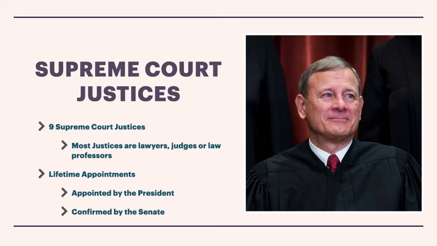Our Chief Justice today is this fella. His name is John Roberts, and he was appointed by President George W. Bush as Supreme Court Chief Justice. So he's been there, and we've had President Obama, President Trump, and now getting ready to have President Biden.